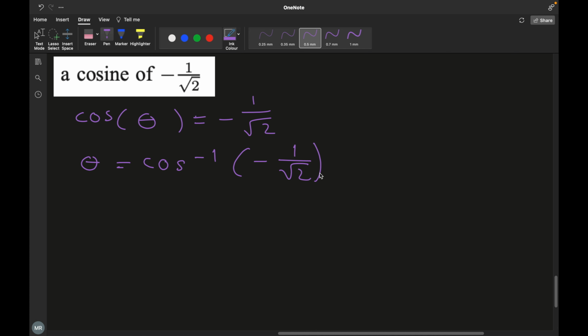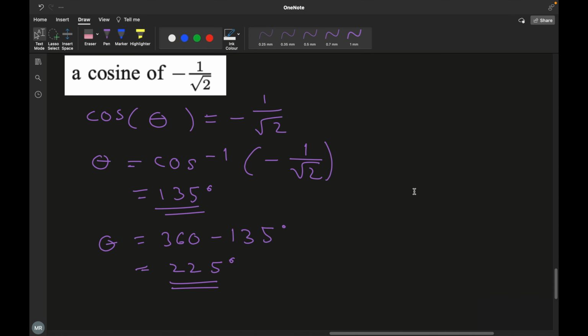So if we find that, we get 135 degrees. And similarly, theta would be 360 minus 135, which is 225, and it lies in the third quadrant. So therefore, our answers are 135 and 225.